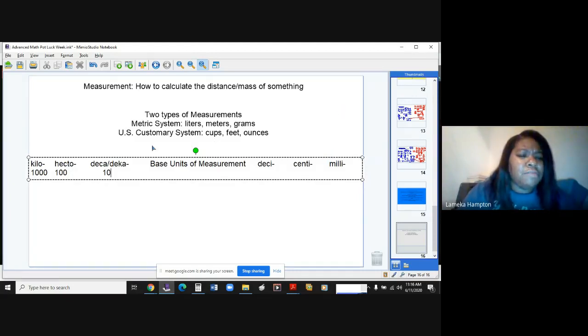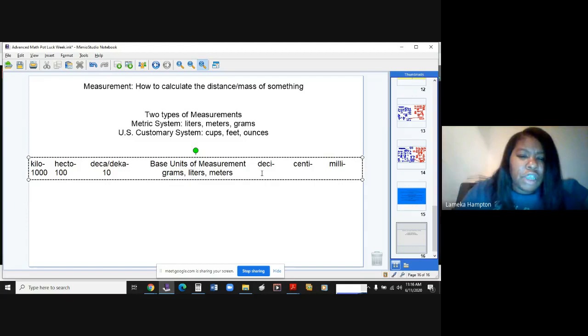So anytime you see deca or deka, because I've seen it spelled both ways, that's what that means. Now, the base units of measurement are simply your grams, which is the weight, your liters, which is the liquid capacity, and your meters, which is the distance.